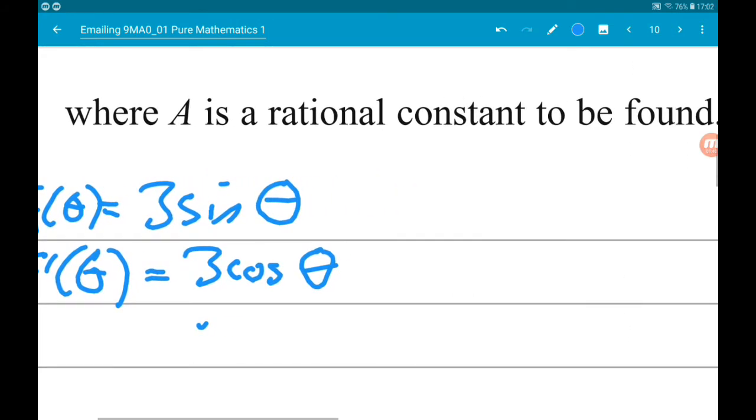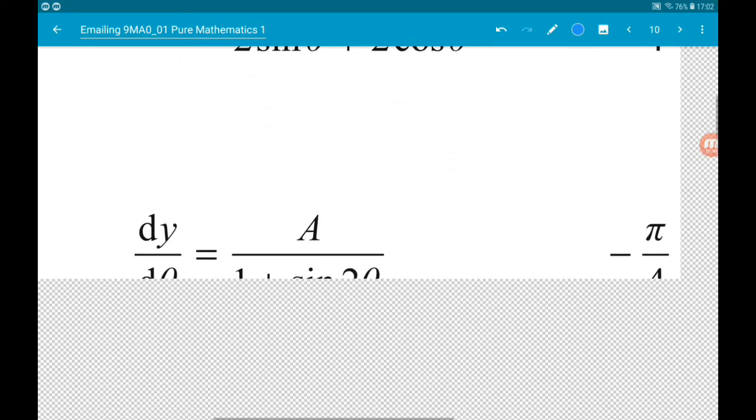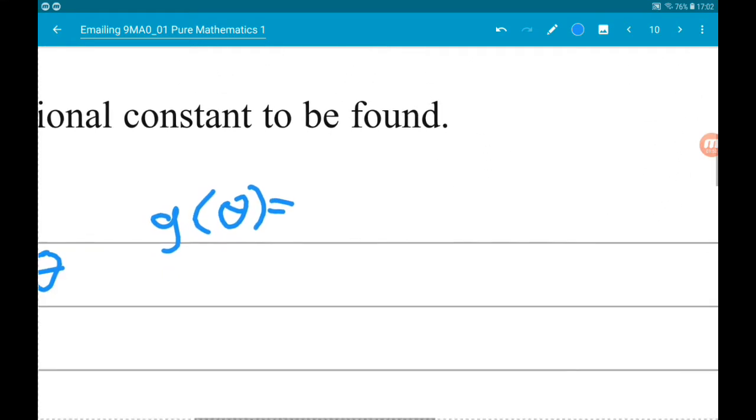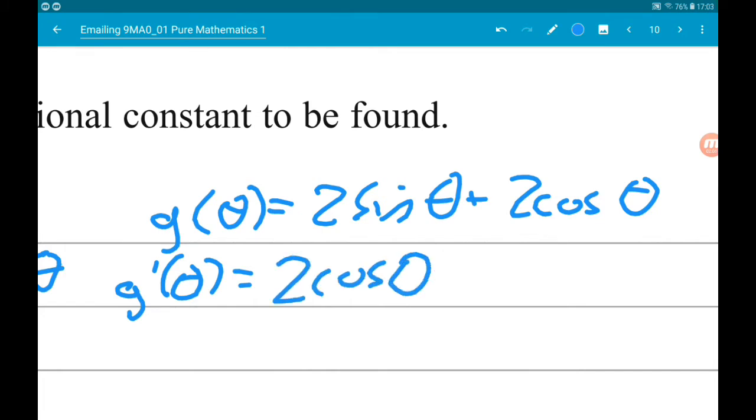We're then going to say that g is equal to 2 sine add 2 cos. Okay, and then g dashed is going to be 2 cos of theta. Now, cos of theta differentiates to minus sine theta, so we're going to get minus 2 sine theta.